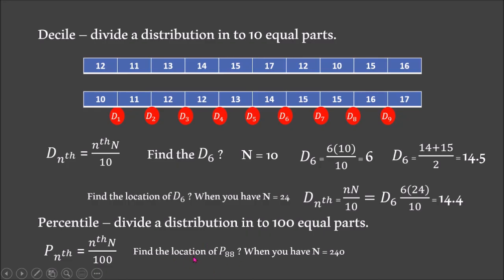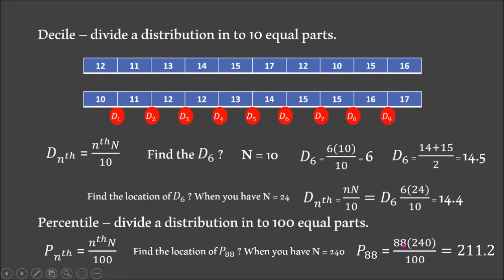This is very specific, as we are tasked to find the location of P88. If we have 240, we simply substitute these values into the formula.